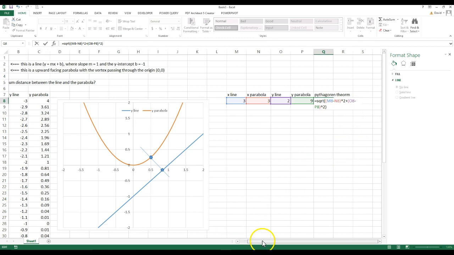So it'd be the square root of the difference of the two x's squared plus the difference of the two y's squared, and that would give you the hypotenuse, right? So we're finding this distance squared, this distance squared, adding them together and finding the square root, right?